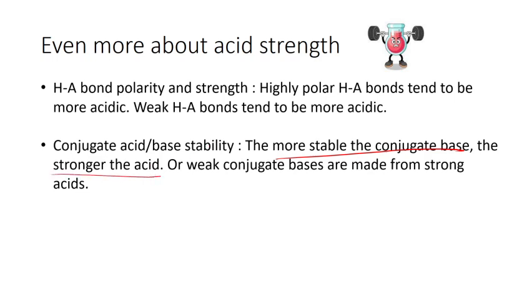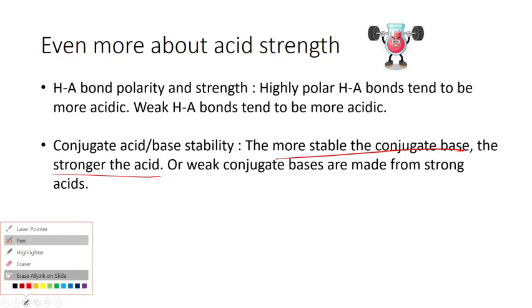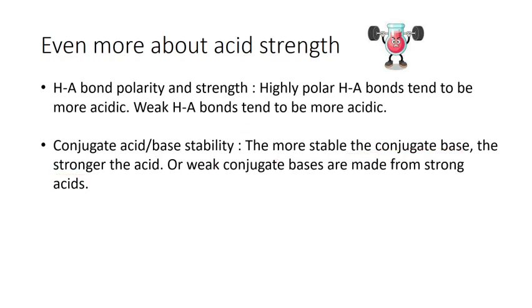So a more stable conjugate base means a stronger acid, because the base will be okay hanging out on its own without the hydrogen. And then weak conjugate bases are made from strong acids.